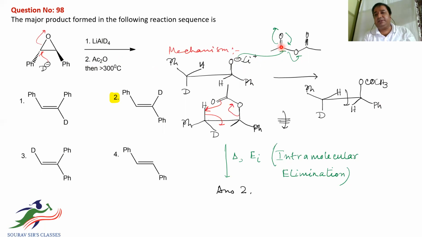So what will happen is that this double bond O will open up and subsequently come back, and this will act as a leaving group. So basically we have generated an ester from the acetic anhydride, or we have undergone acetylation.